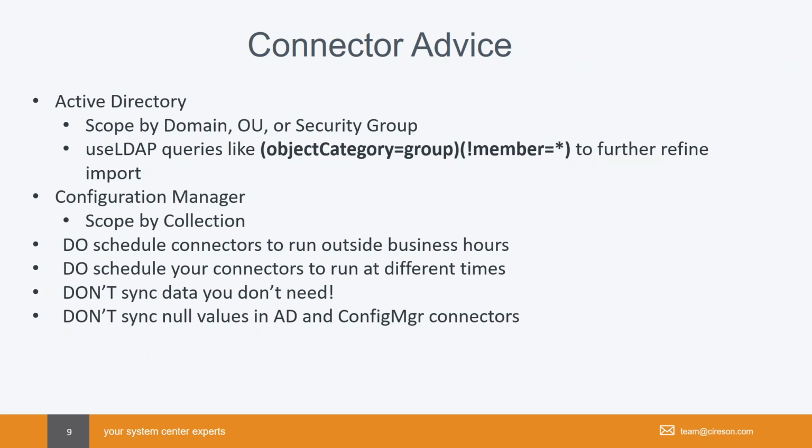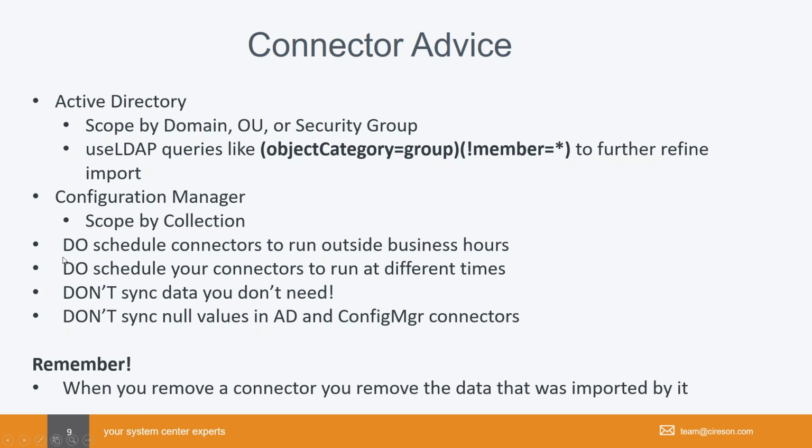Fundamentally, you don't want random null values against your records. So where it's empty in AD or the Config Manager data, don't bring that data in. Again, make it more efficient in terms of the way that data is brought into the system. And remember, if you remove a connector, you also remove the data that was imported by it. A key point to bear in mind when you're managing connectors in Service Manager.